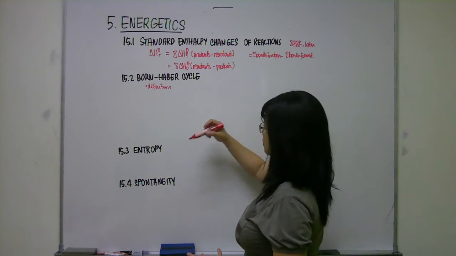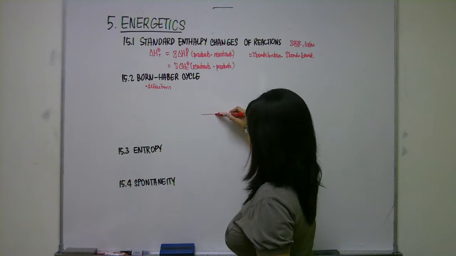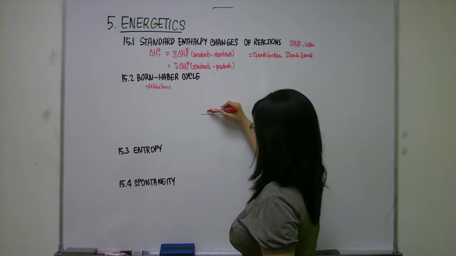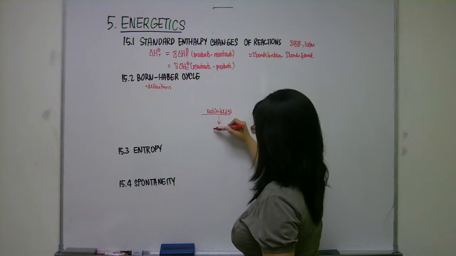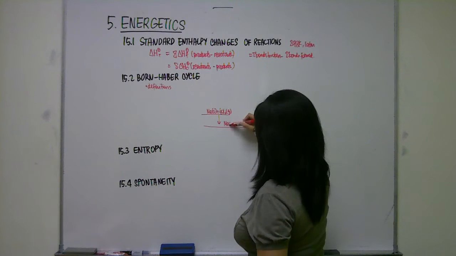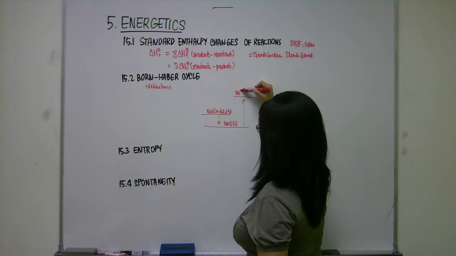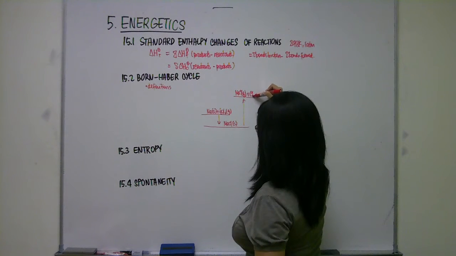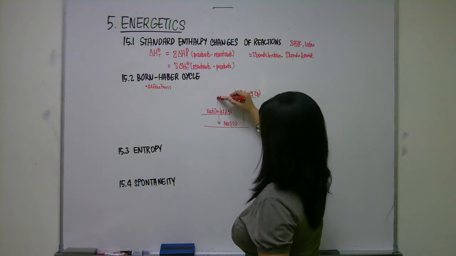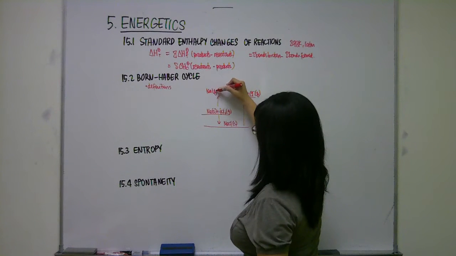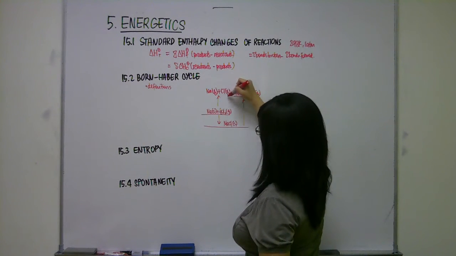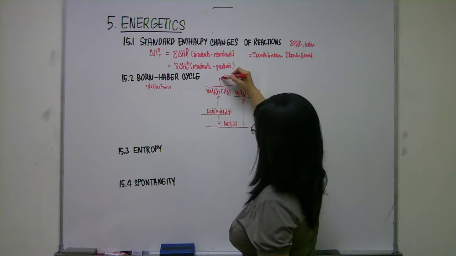So they need to be able to construct the cycle, like how you can start from the elements, for example NaCl, an ionic compound, and then Na plus, Cl minus, and then the atomization, gas and atom, and you go up and you get Na plus, gaseous.